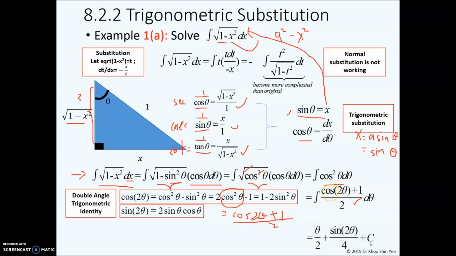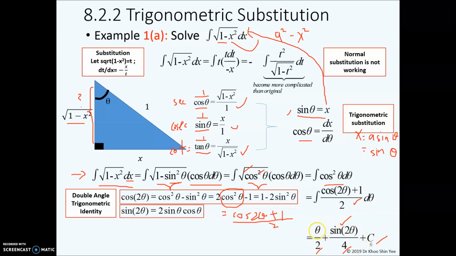Lastly, cos you can integrate easily. Cos becomes sine, and don't forget, differentiating 2 angle, you have to divide by 2. So 2 multiplied by 2, you get 4 here. And 1 over 2, you get 1 over 2 angle. And lastly is the constant.